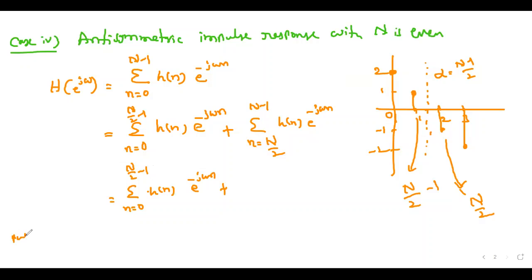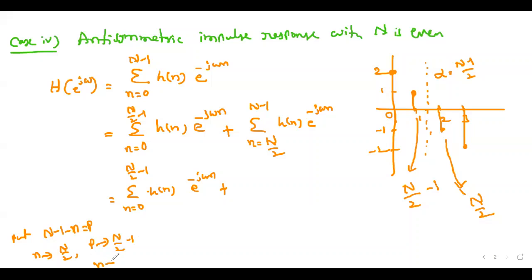Therefore, I'll put N minus 1 minus n equal to p. As n tends to N by 2, p tends to N minus N by 2, which is N by 2 minus 1.